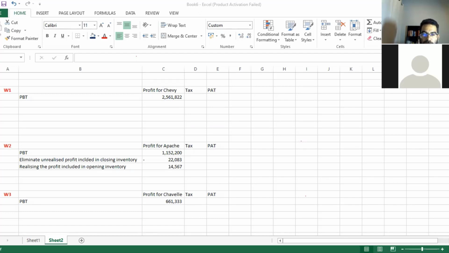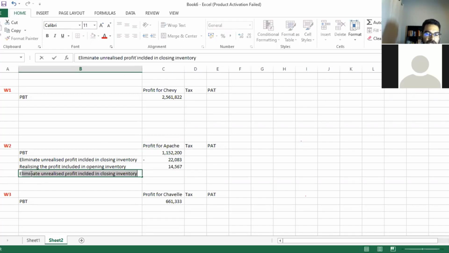So we will come over here, and under APAC, we're still under APAC's profit. So we will have eliminate fair value gain on investment property. Why are we eliminating it?